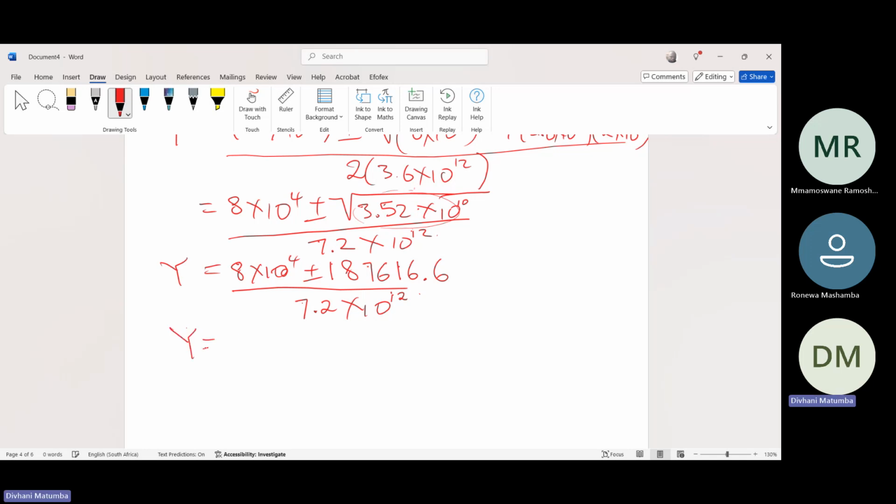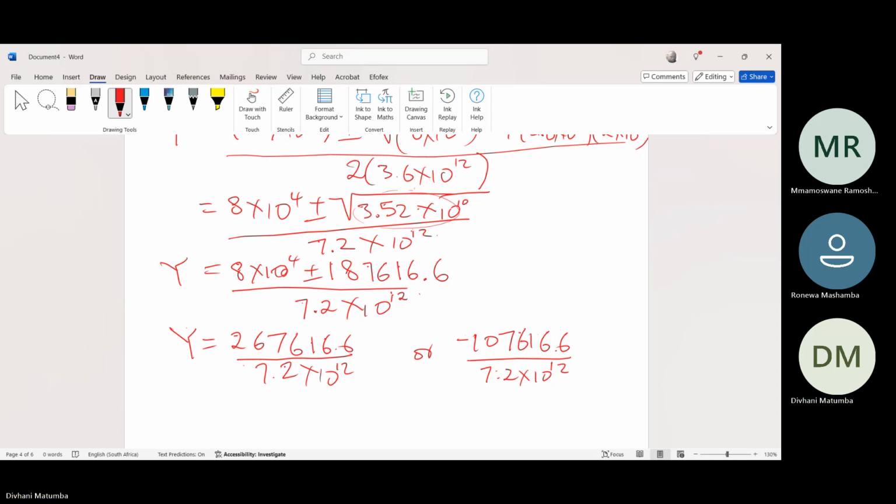Y is equal to, the first one was 2,676.16 divided by 7.2 times 10 to the power of 12, or minus 107,616.6 divided by 7.2 times 10 to the power of 12.